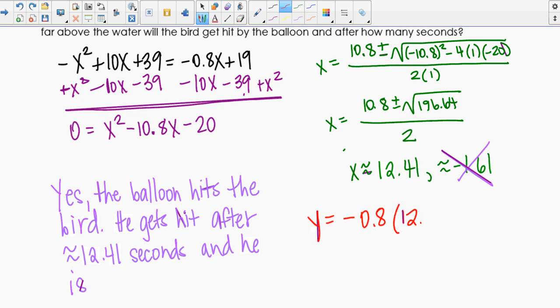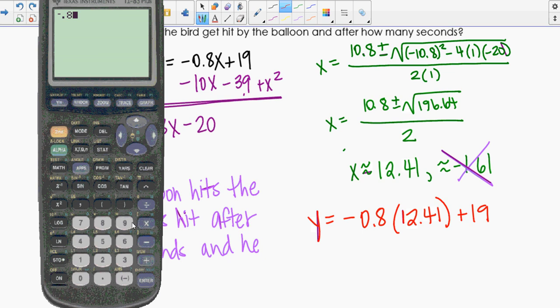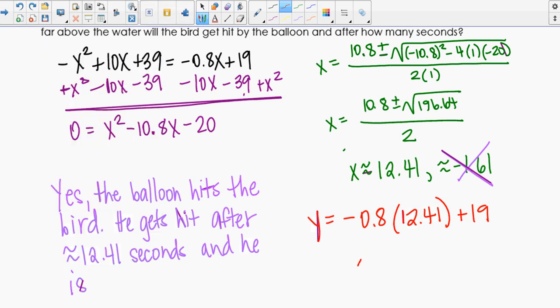I'm going to substitute in my 12.41. Oops, sorry, guys. So we end up with negative 0.8 times 12.41 plus 19. He's about 9.072, so about 9.07. So, and he is about 9.07 feet above the water.